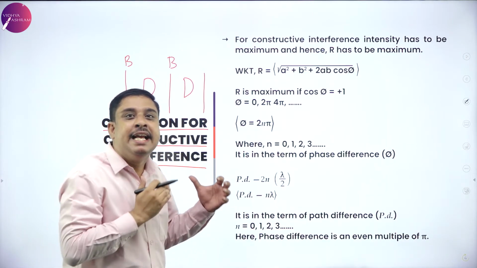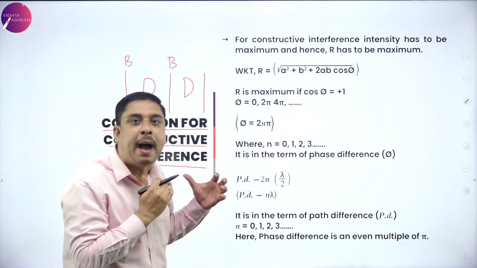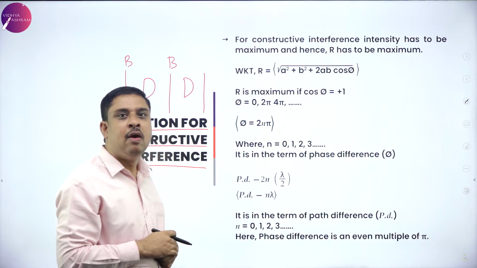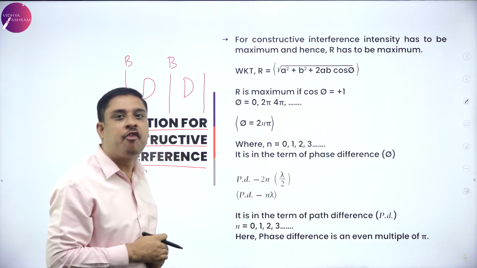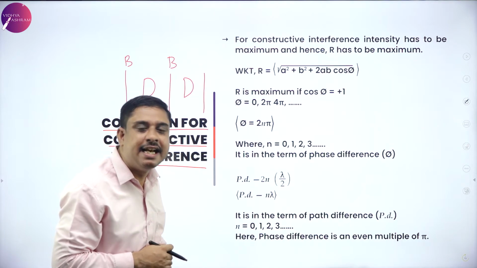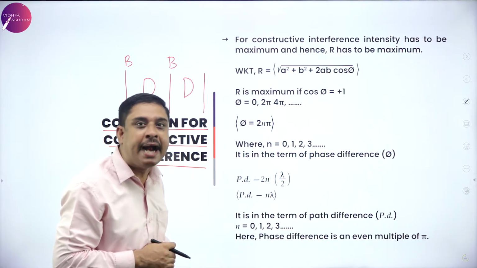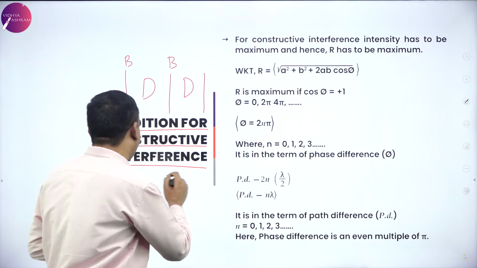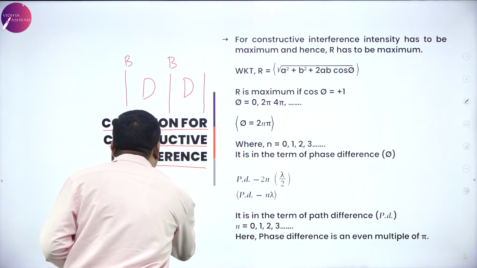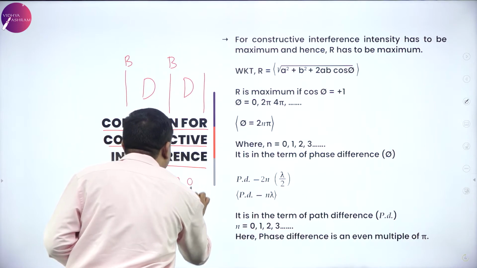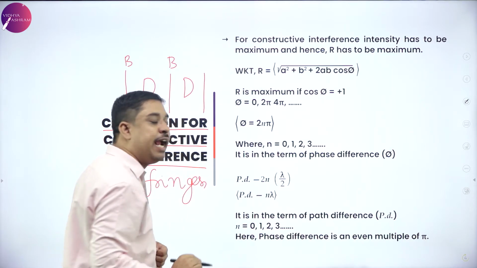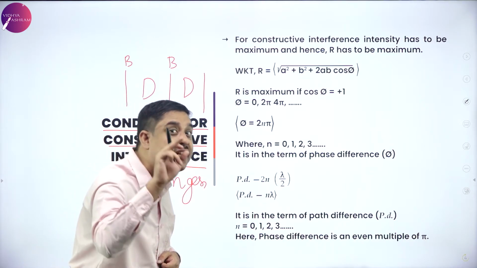So any interference pattern will consist of alternate bright and dark bands, which we call interference fringes.